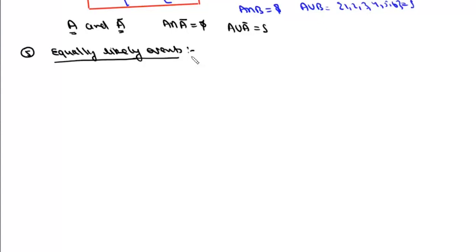For such cases, there is no reason to either prefer or discard any one event. So if events A1, A2 and AN are equally likely, then the number of elements in A1 must be the same as the number of elements in A2, and it must be equal to the number of elements in AN. So these events are called equally likely events for a random experiment.